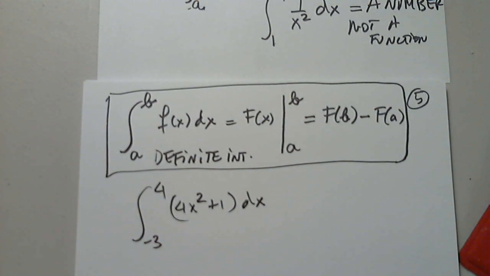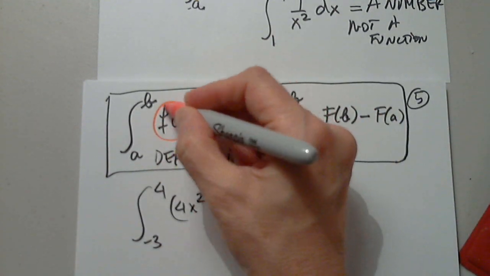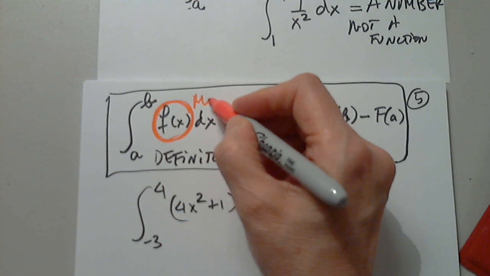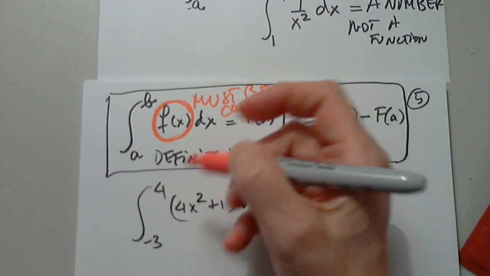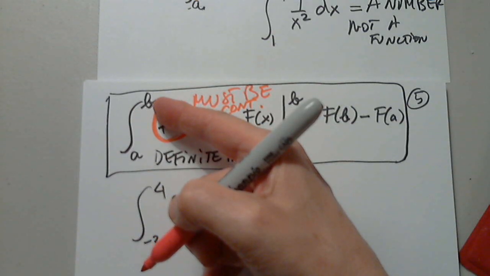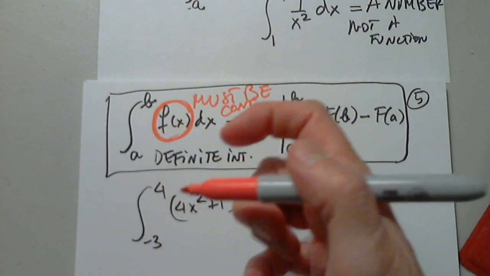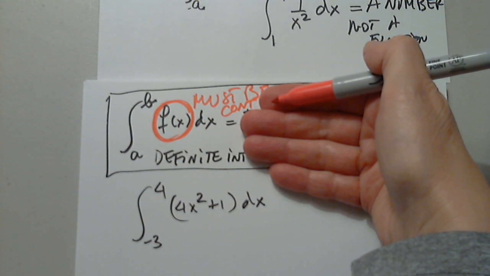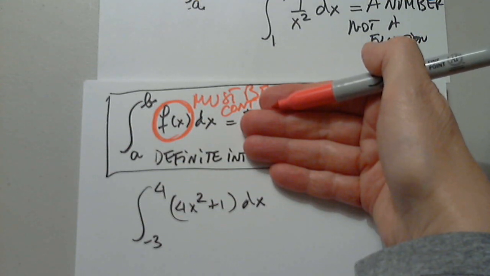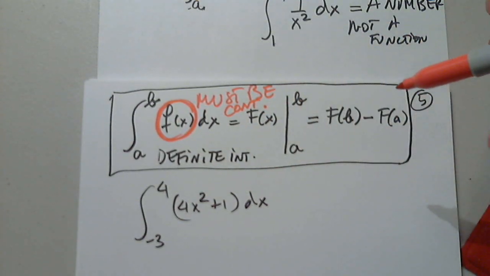One very important condition here that I need to mention is this function must be continuous on [a, b]. If this function is not continuous, the fundamental theorem of calculus is not applicable. We cannot use this.